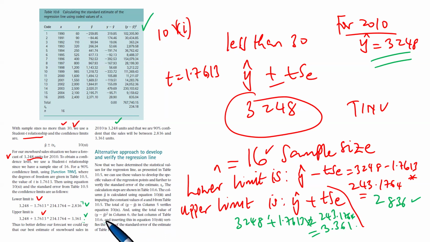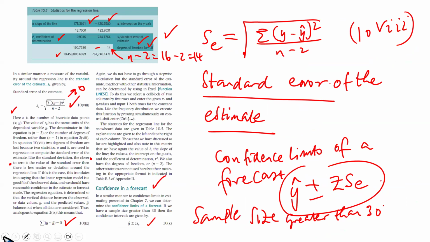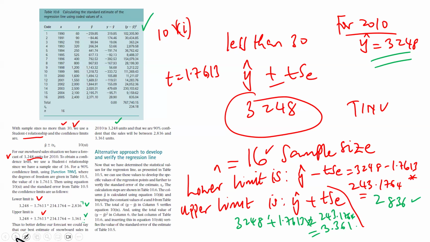So why are we squaring things like Y minus Y hat squared? Because we want to verify the standard error. What is the standard error?